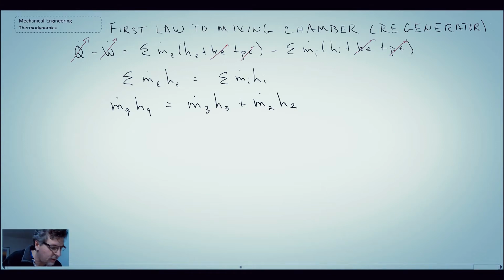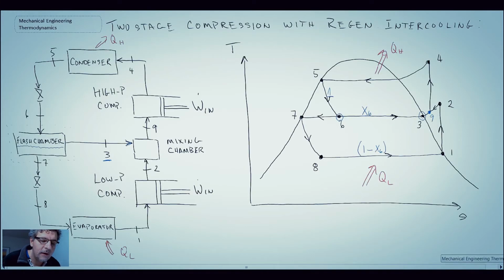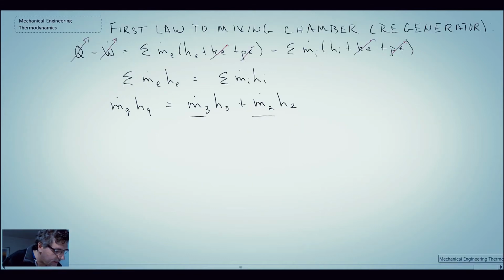Now, in order to determine m dot 3 and m dot 2, looking back here, we have 100% mass flow going through states 4 and 5. So up here, we have 100% mass flow. The other streams have lower mass flow, and we need to acknowledge that. For m dot 3, it is x6, which was the quality at the end of the throttling process, times m dot 9.